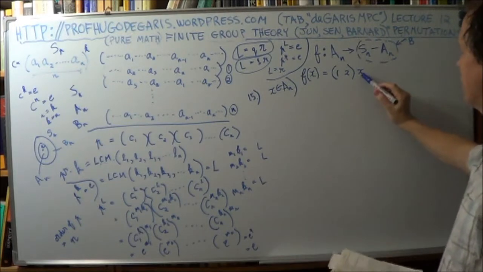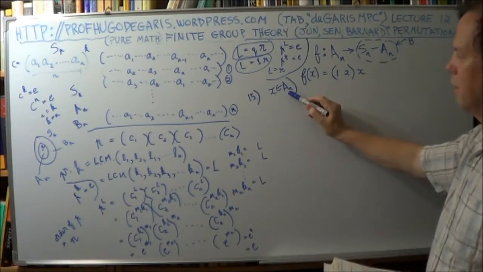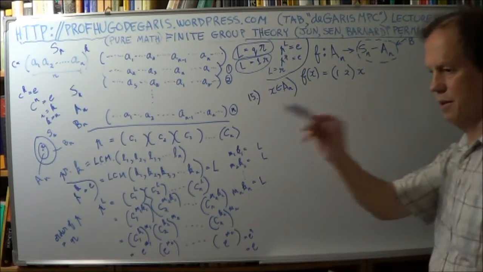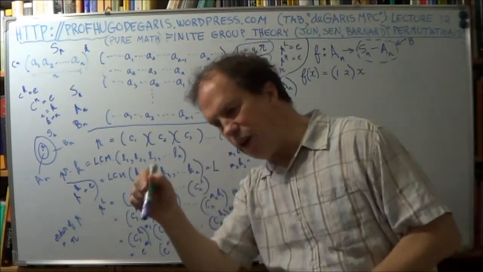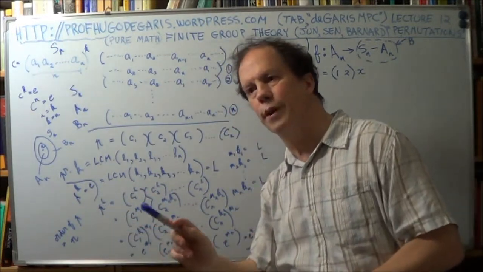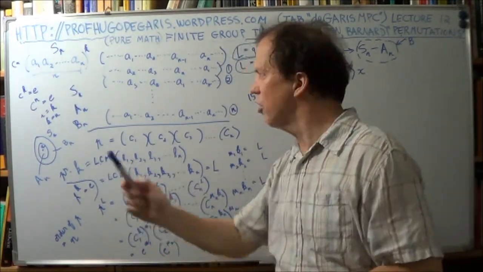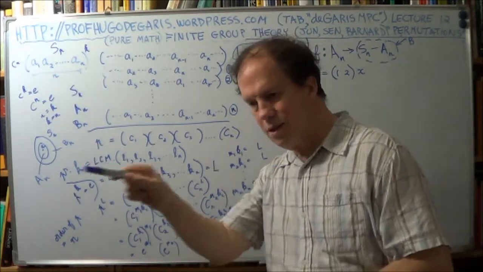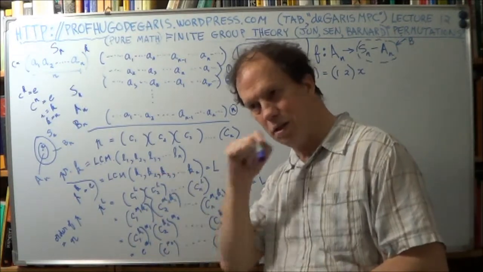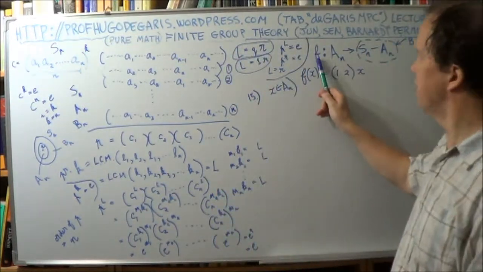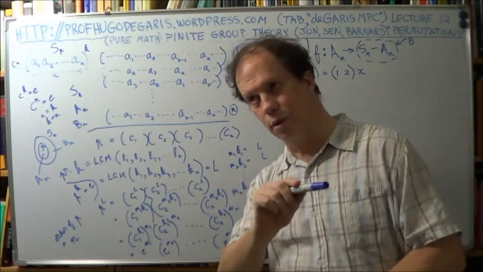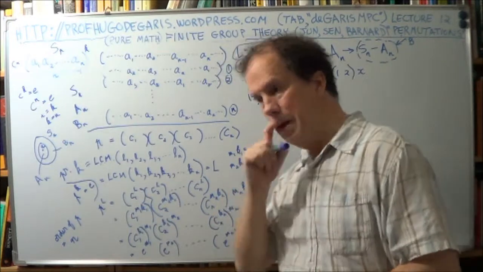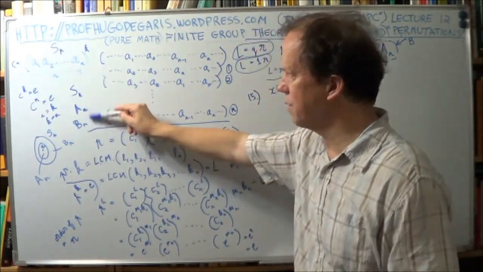We're talking in the context of sets now, because we're not trying to prove isomorphism. We're just trying to prove these two are the same size, so just bijection's enough. We just need to prove that this f is bijective, in other words, injective and surjective.